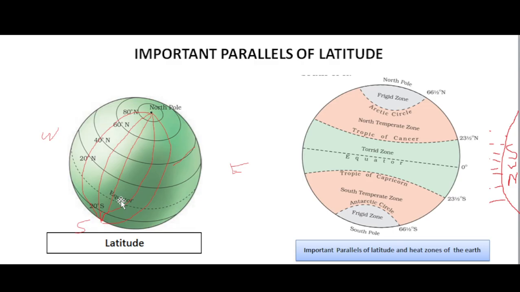You can see both in the figure. It is drawn in such a way that at all points it lies exactly halfway between the North Pole and South Pole. You can see this is the equator.